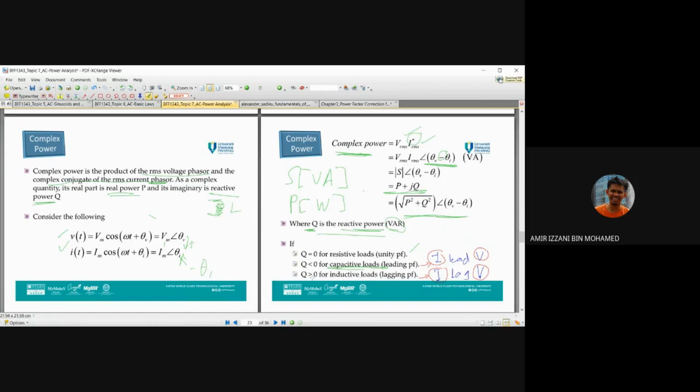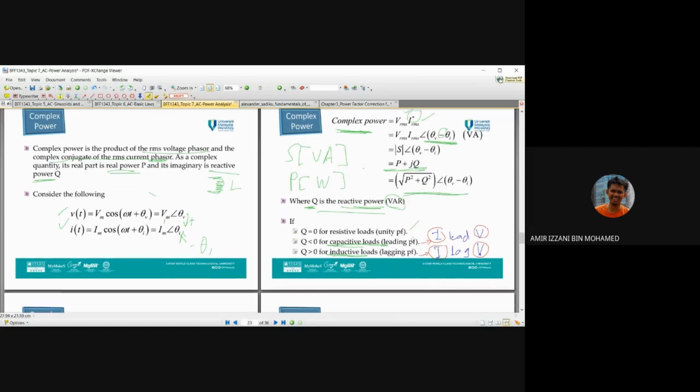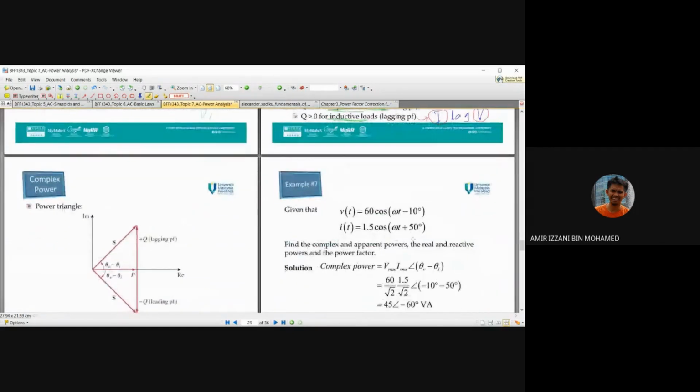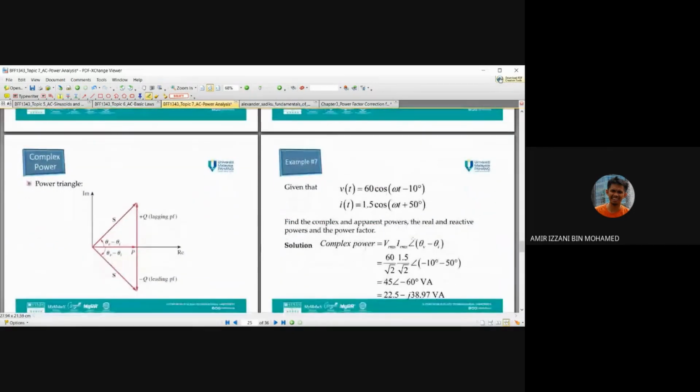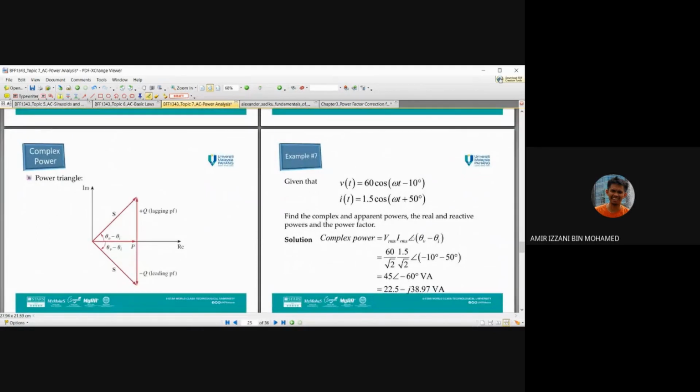If Q is positive, more than zero, then the load must be an inductive load. Okay, it's a lagging power factor. Or simply, I leads V for negative Q, and I lags V for positive Q. Okay, let's take a look at how to imagine it as a power triangle.